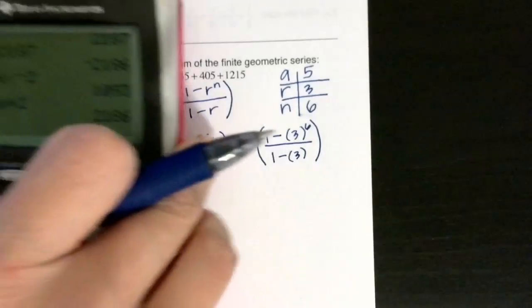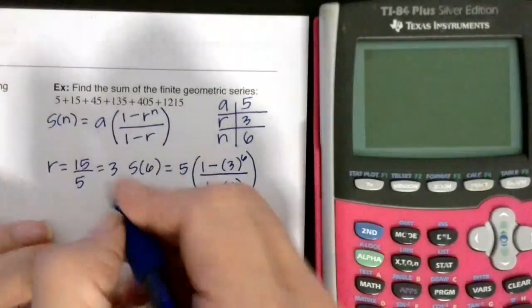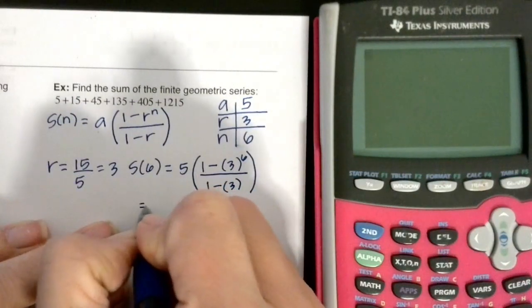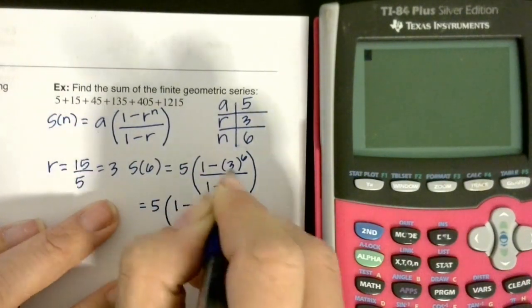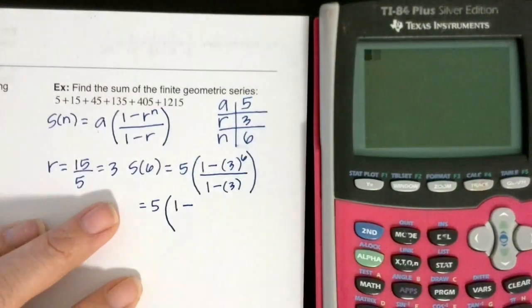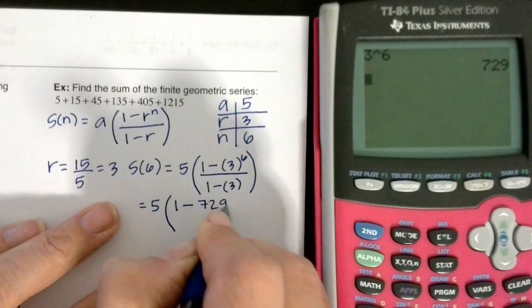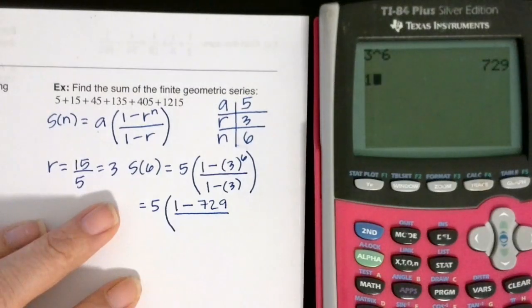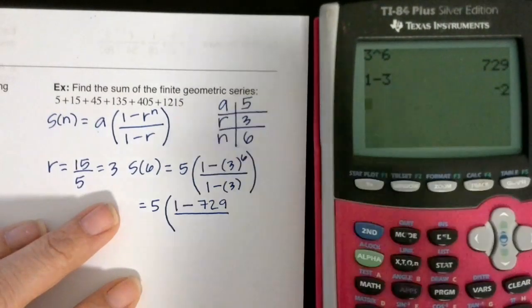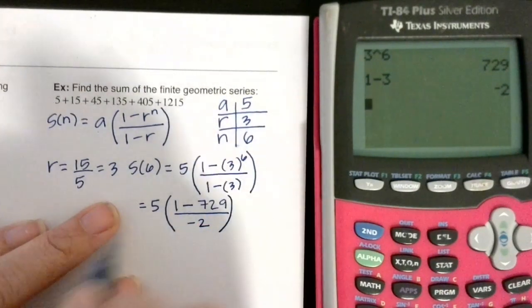Alright, back into our calculator here. We are going to make sure we follow order of operations properly. So this is going to be 5 times 1 minus, we're going to take care of that first, 3 raised to the 6th power, which is 729. Lots of 3's this lesson. All over 1 minus 3. You can always check your math in the calculator, especially on a test.